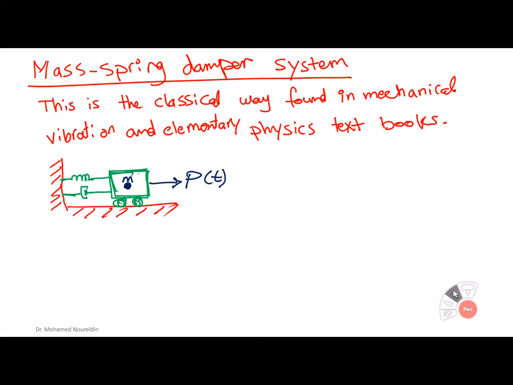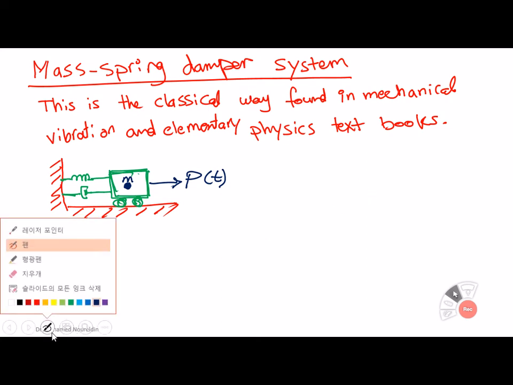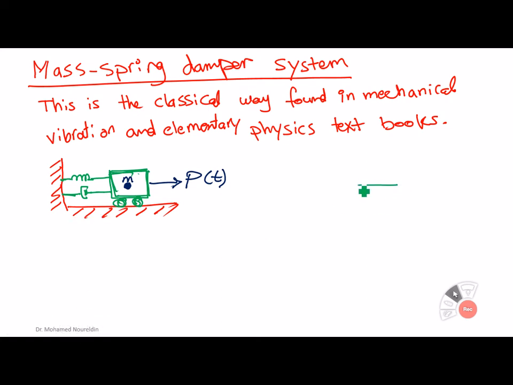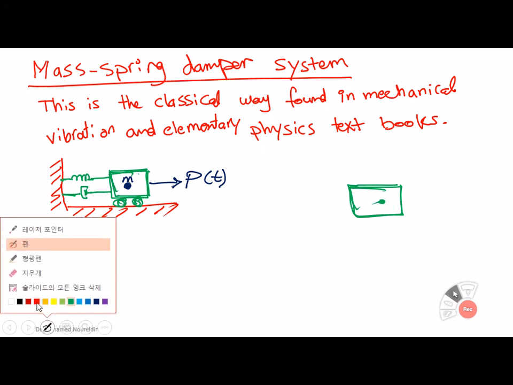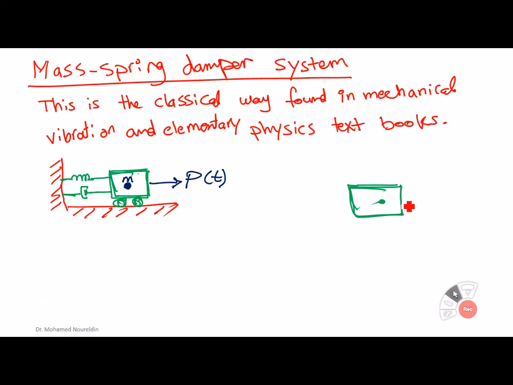When we apply this force on the system, if we study the free body diagram of this system, this is the mass. The forces that are going to be developed are, first, the dynamic load which is applied from the outside.